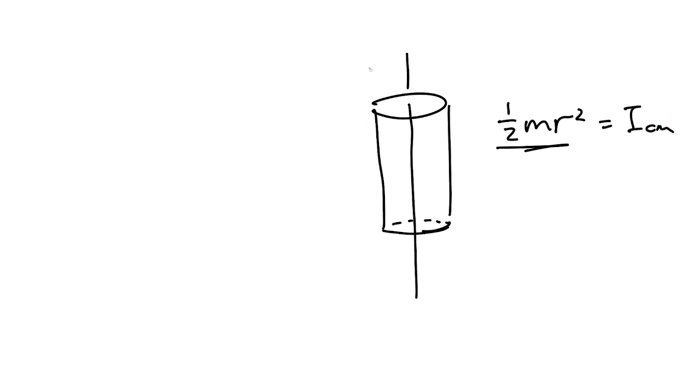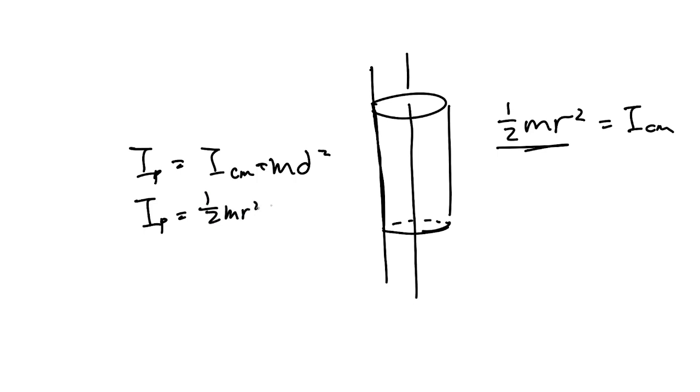So given the moment of inertia about the center of mass, which I'm pretty sure is 1 over 2 mr squared, if we were to try and find the moment of inertia of the cylinder rotating around this axis, then we would need to use the parallel axis theorem, which, as written before, is like this, and we would get that our moment of inertia would be 1 over 2 mr squared plus this distance, which is going to be our radius.